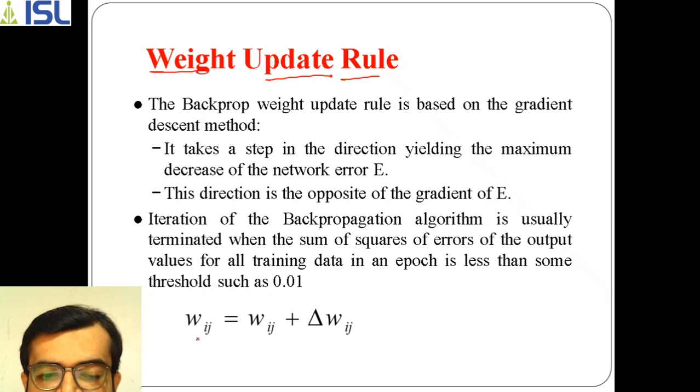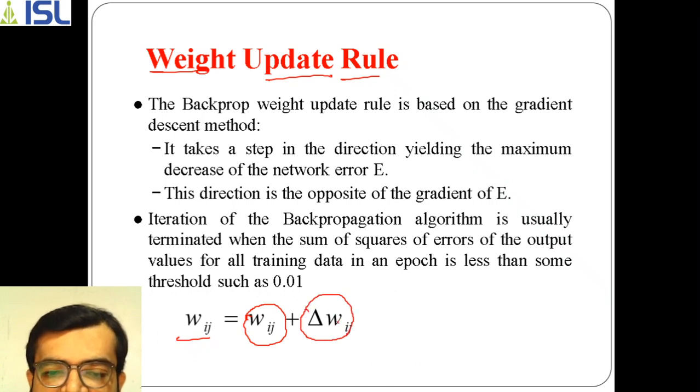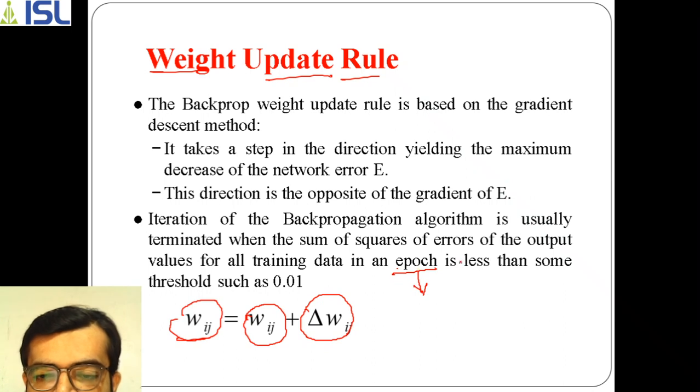For example, how will the updated weight be computed? This is my existing weight with the change in the weight. Delta represents the change in the weight, and by that change the weights can be decreased or increased accordingly, in order to adjust the weight so that the overall error value decreases. That is the intention, in a simple way. Each repetition step is called an epoch, and the change should be less than some threshold value such as 0.01.